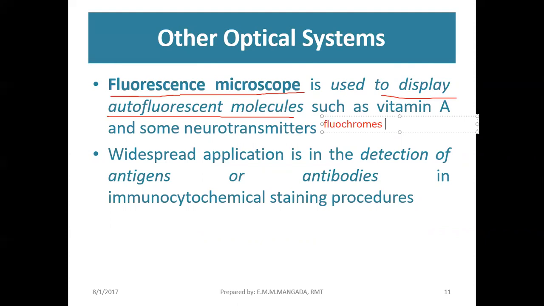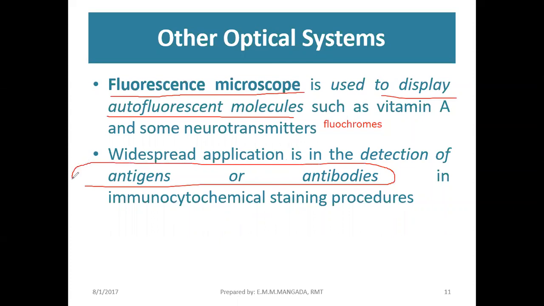Okay, so your fluorescence microscope, again, is used to display autofluorescent molecules such as your vitamin A and some neurotransmitters. Okay, but of course, in this subject, in histology, or for example, in histopathology, it's very helpful in the detection of antigen or antibodies.